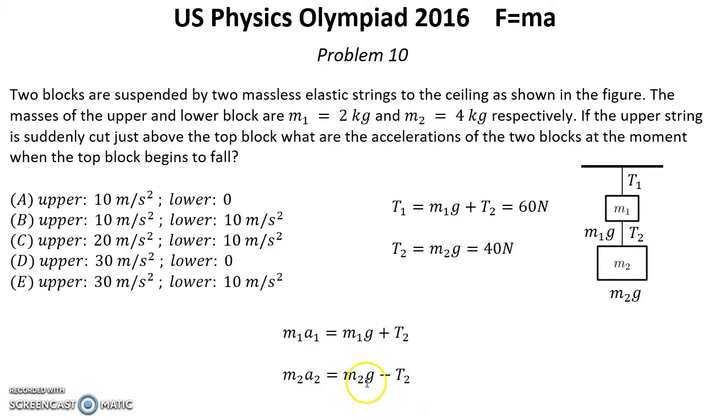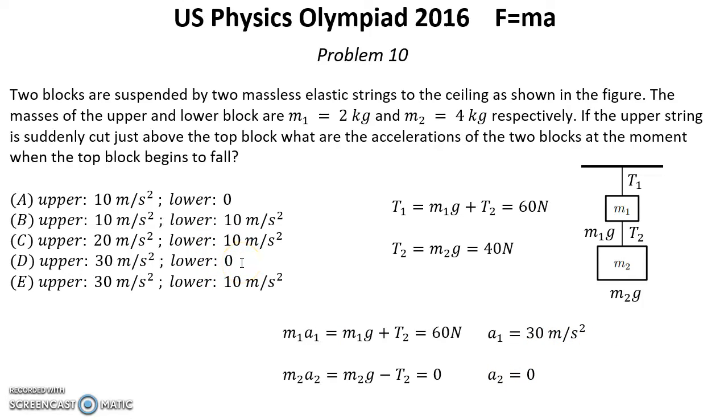We see that m2g equals T2, so that's equal to 0. m1a1 equals 60 newtons and m2a2 equals 0. From here we can find that a1 equals 30 meters per second squared and a2 equals 0. That's answer D, which is correct.